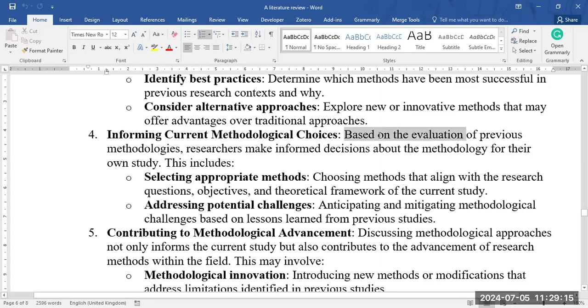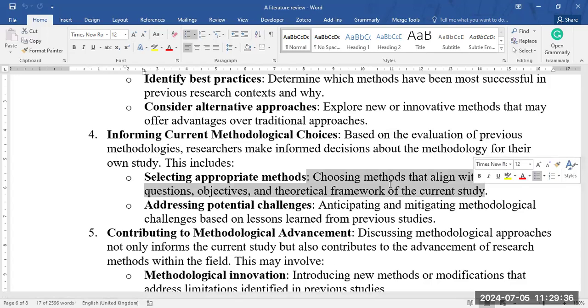Based on the evolution of previous methodologies, researchers make informed decisions about the methodology for their own study, selecting appropriate methods, choosing the methods that align with the research question. As I said, when we are selecting the research method it should align with the research questions, objectives, and theoretical framework of the current study, and that should also be consistent with what previous researchers used.